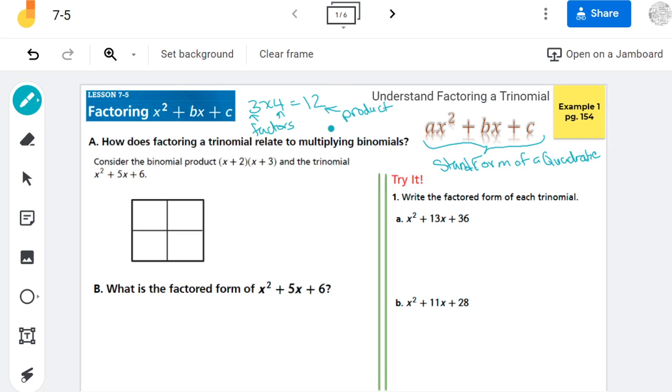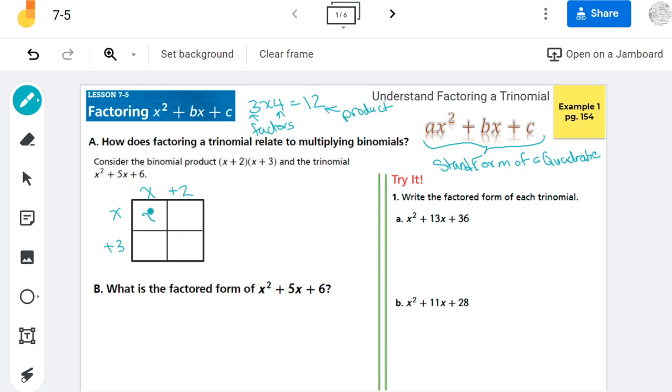So earlier in this chapter, or topic I should say, we learned how to multiply together two binomials. I'm going to show it to you with the box method just because it's a little easier for students to see. But we learned it with other ways, right? We learned it with the distributive property as well. So when we were finding the area of the box, we were multiplying together the two sides of each square.